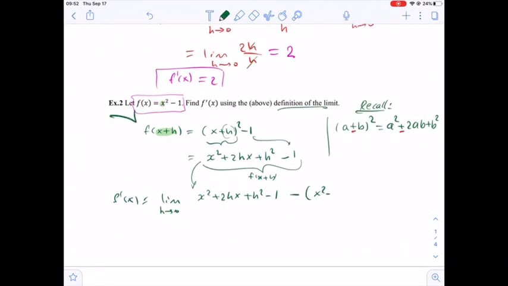It's x squared minus 1, and again I use parentheses here because I have 2 terms and a negative sign, so I don't want to miss any sign. And then I divide by h. Let's insert the negative sign here. I get x squared plus 2hx plus h squared minus 1 minus x squared plus 1 all over h.